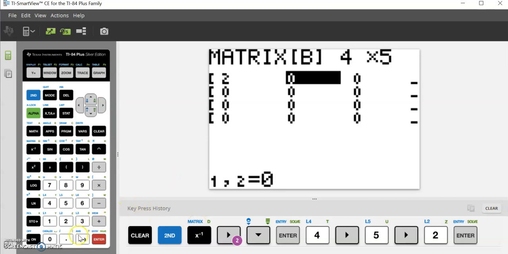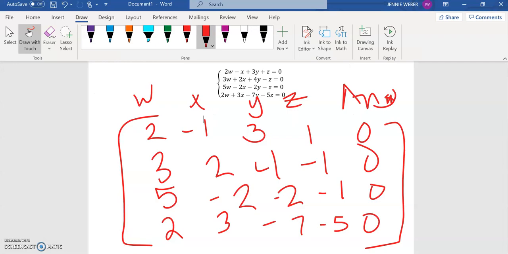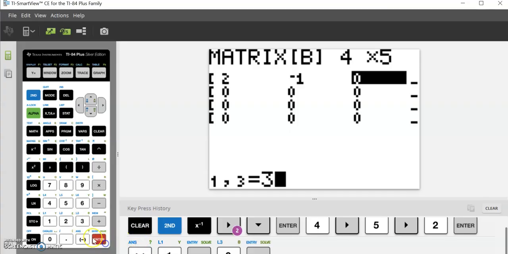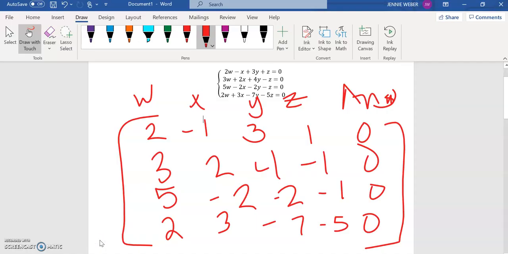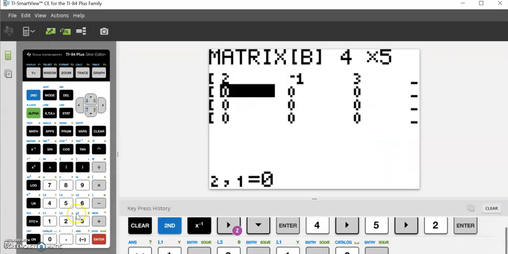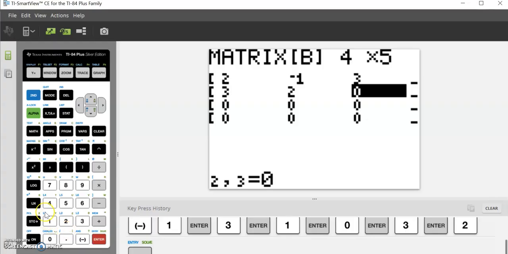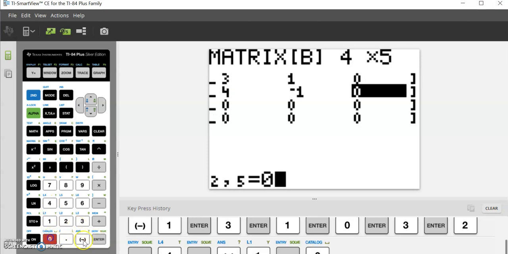2. As a note, negative 1, make sure you're using the negative. If I use the one off my keyboard in the wrong place, it will yell at me. 3, 1, 0. Okay, and then I have 3, 2, 4, negative 1, 0.